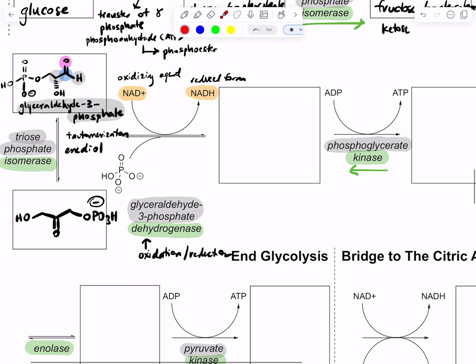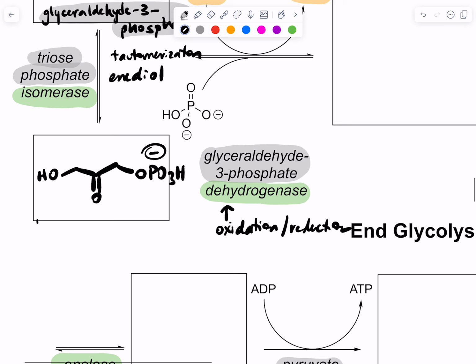What's the product of this step? This one's hard because you don't have any enzyme name hints. The enzyme name here says glyceraldehyde 3-phosphate dehydrogenase. I forgot to call this dihydroxyacetone phosphate.